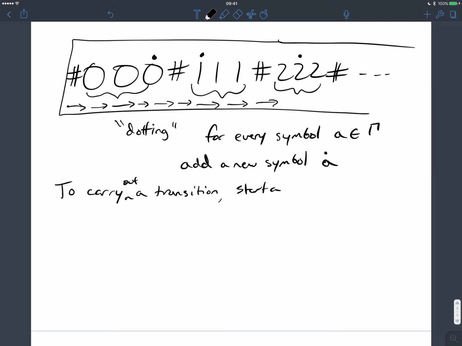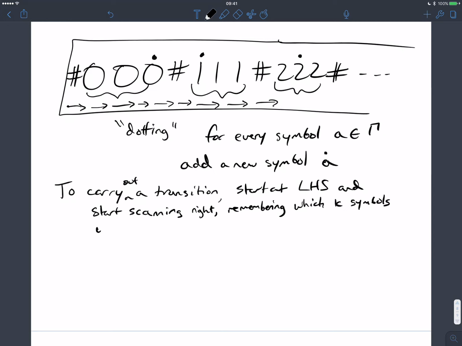So, start at the left-hand side and start scanning right, remembering which K symbols were dotted.